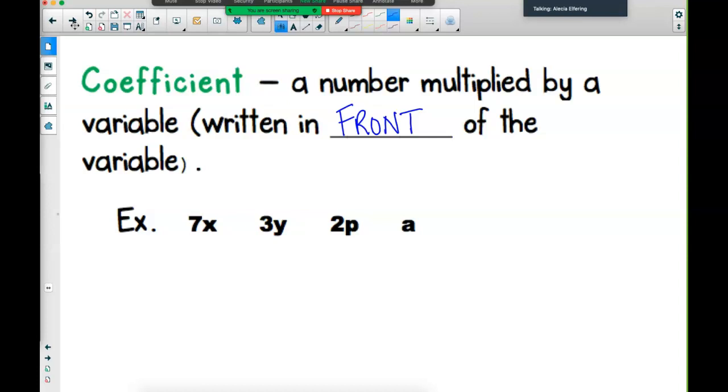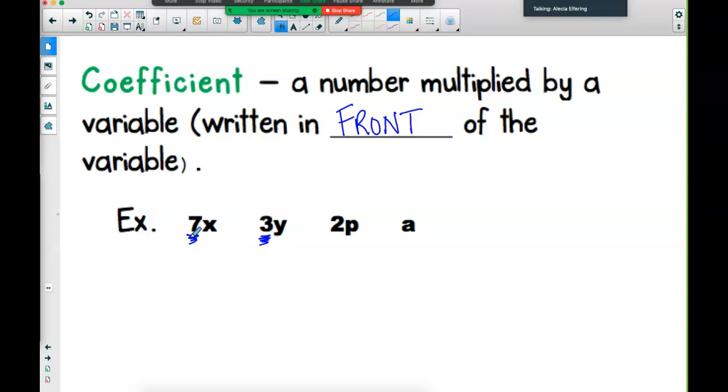It's always a number. Go ahead, Brady. The 7. Okay, the 7 is the coefficient. The x is a variable. What's the coefficient in 3y? I see some people typing it in at home. The coefficient is, go ahead, Lizzie. 3. It's the number in front of the letter.